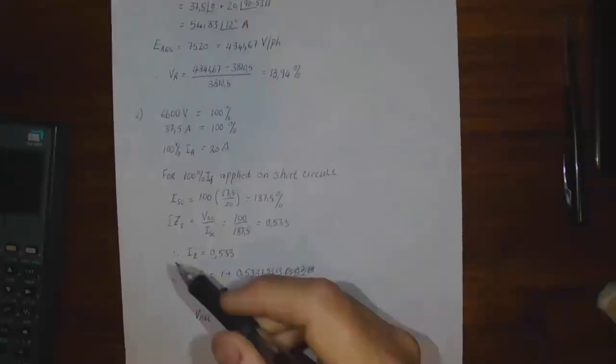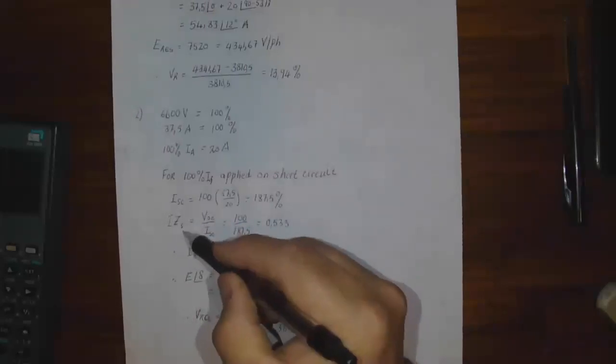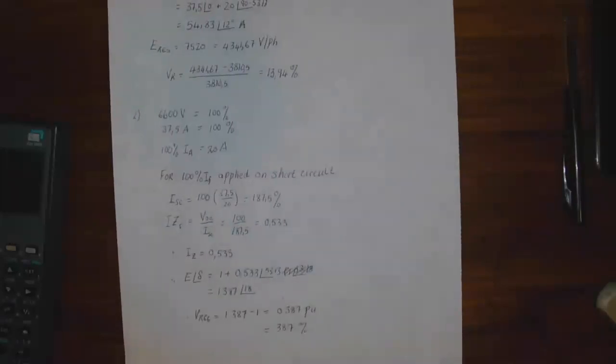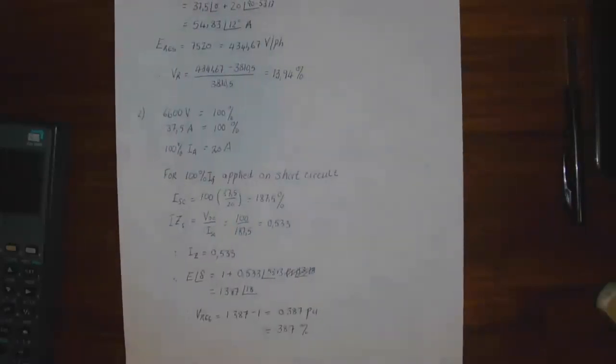No, no. Here we have our IZ. That's the volt drop that we calculated, which is 53.3%, at an angle of 90 minus your 36.86. Okay, sir, thank you.